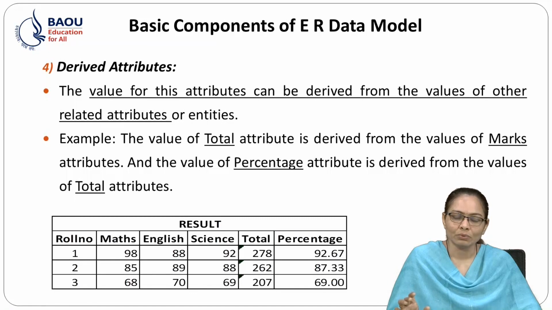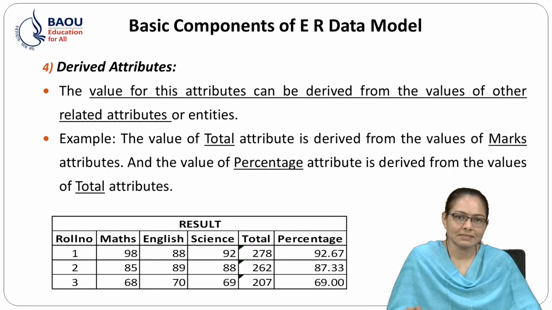The value of the total attribute is derived from the marks of all these subjects. Maths, English, science subject marks are derived into the total attribute. Same as in the percentage attribute. Percentage attribute values come from the total attribute. So percentage attribute is derived from the total attribute.